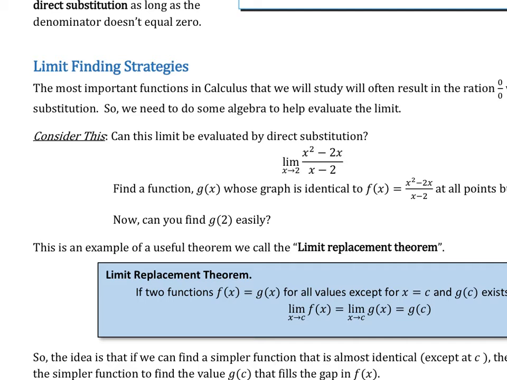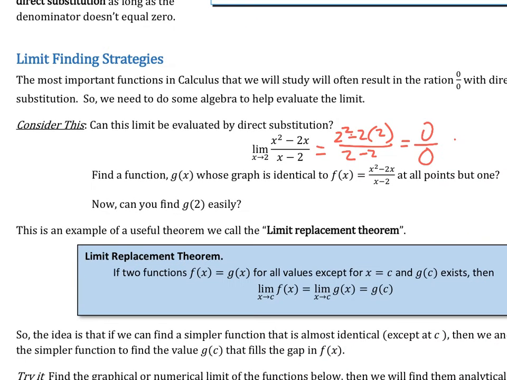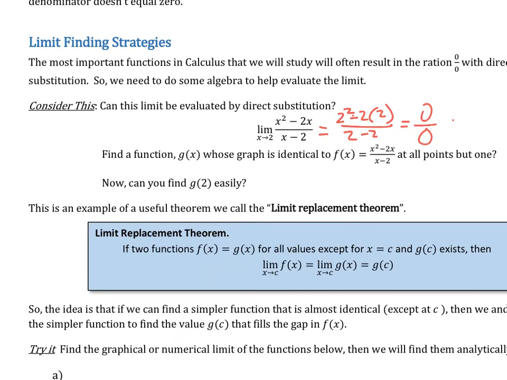So if we plug 2 in, we get 2 squared minus 2 times 2 all over 2 minus 2, which is 0 over 0. So that's a problem there, all right? So 0 over 0 is not a number. We can't use it. It's not 0. So what we need to do is we need to factor this.